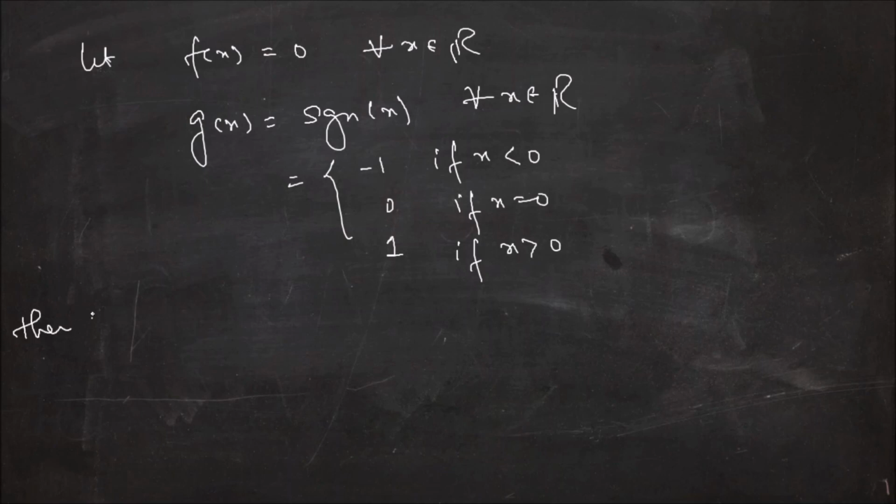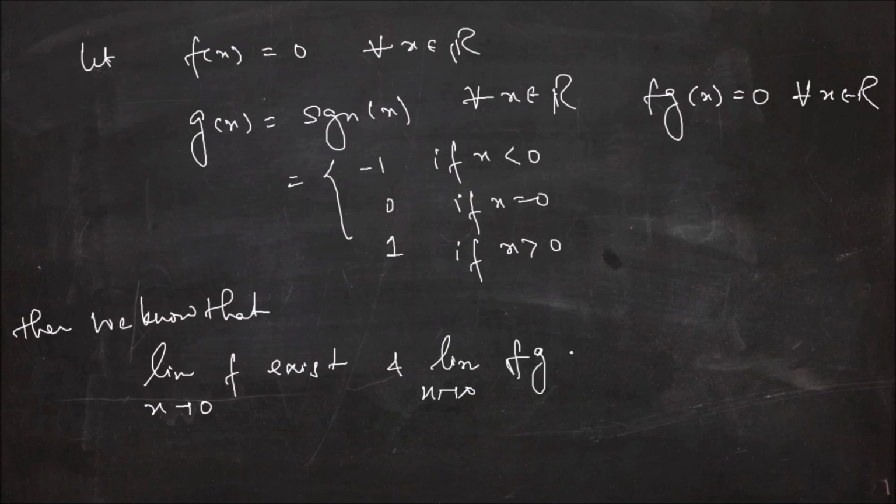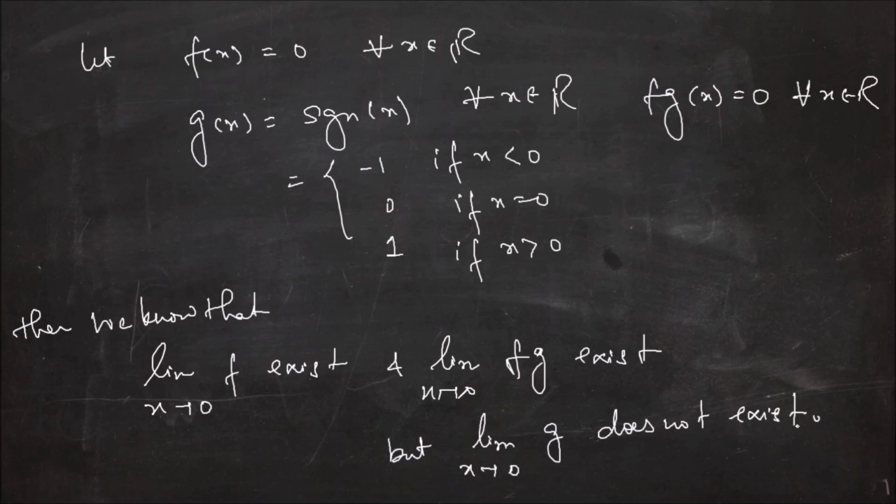Then we know that limit x tends to 0 of f exists, and fg is our function. fg(x) is equal to 0 for every x in R. So clearly limit x tends to 0 of f exists, and limit x tends to 0 of fg exists, but limit x tends to 0 of g does not exist.